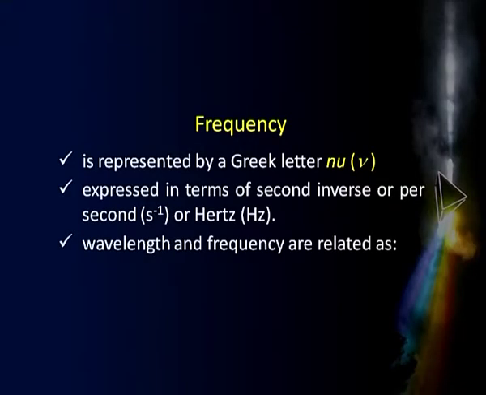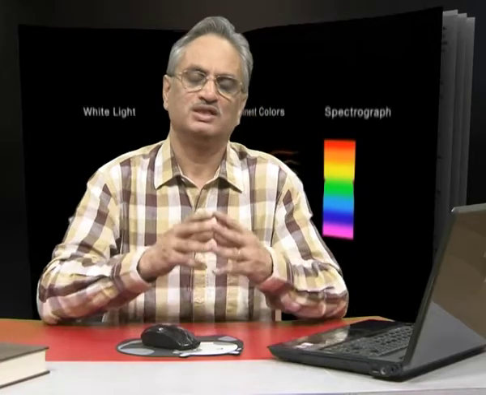Wavelength and frequency are related, obviously. Frequency is c, the velocity of light, divided by wavelength. So, the frequency and wavelength are inversely related. As the wavelength goes up, the frequency goes down, and vice versa.